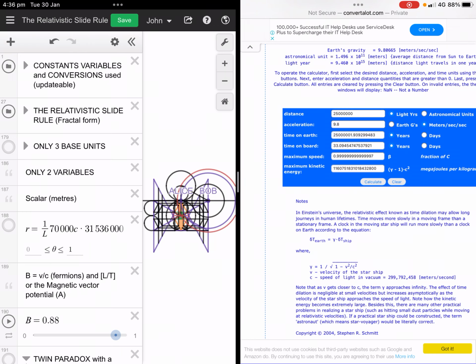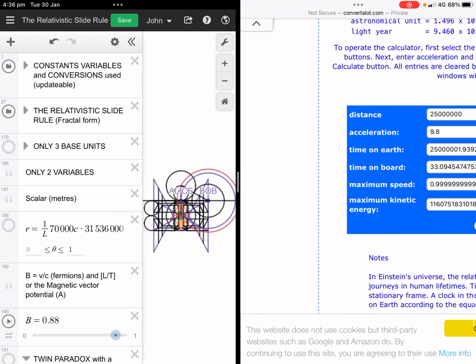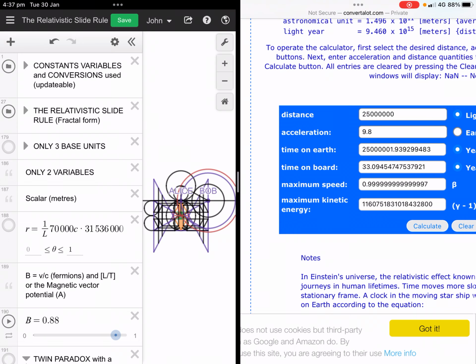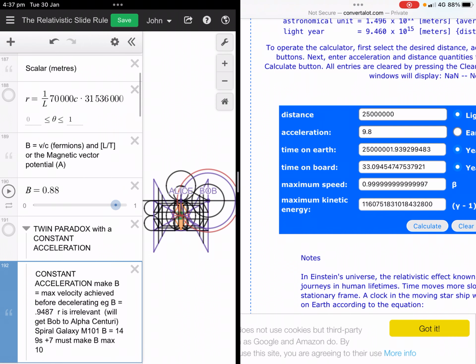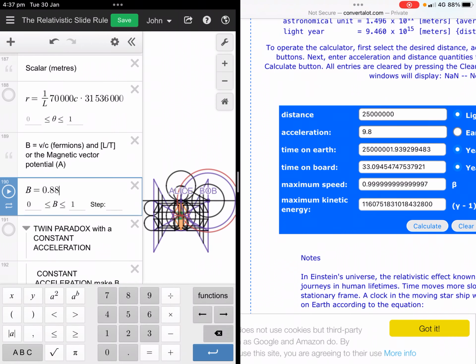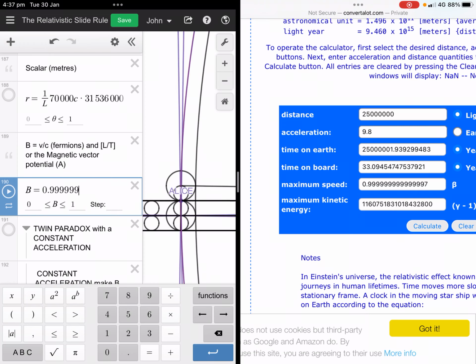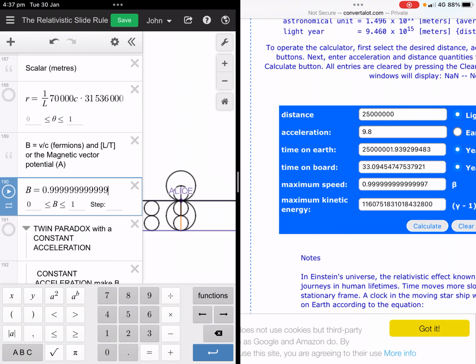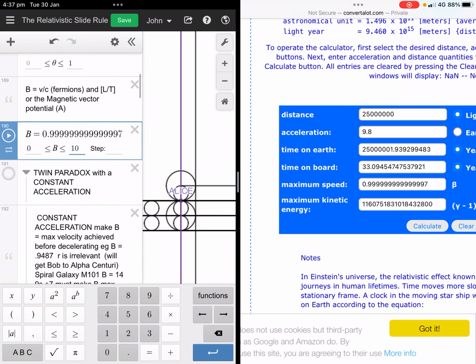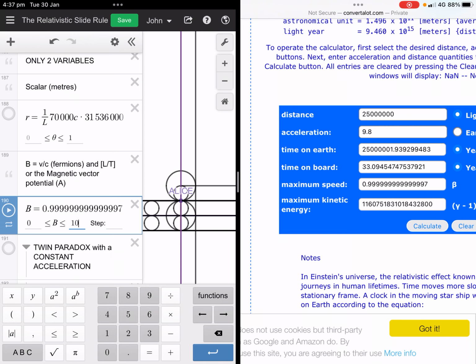It should take 33 years for Bob, and it should take 25 million years for Alice. So I already know what to put in here. It's going to be 3, 4, 5, 6, 7, 8, 9, 10, 11, 12, 13, 14, 7, and Desmos can't handle that, so you have to make that a 10 so that it can. And of course, notice that the R value is irrelevant.